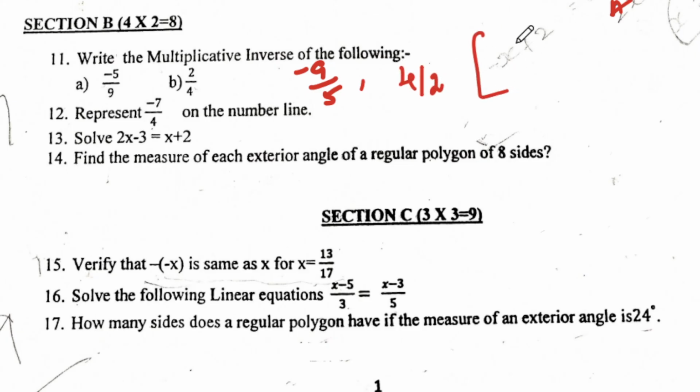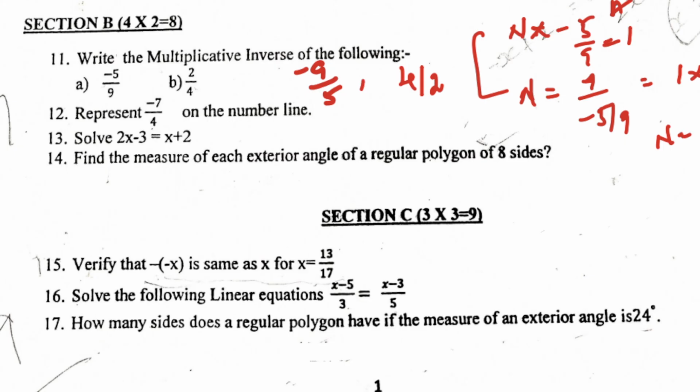Okay, if you want, you can give a brief description, for example, let n be the multiplicative inverse of minus 5 by 9. So n into minus 5 by 9 is equal to 1. n is equal to 1 divided by minus 5 by 9, which is 1 into 9 by minus 5.